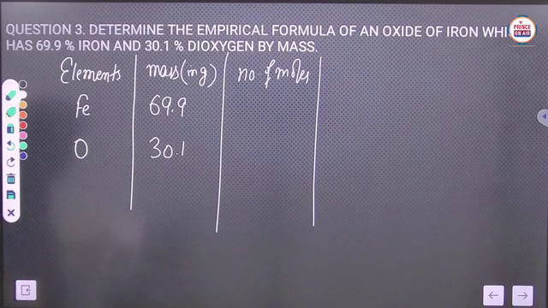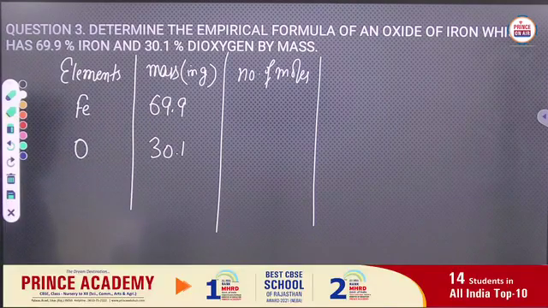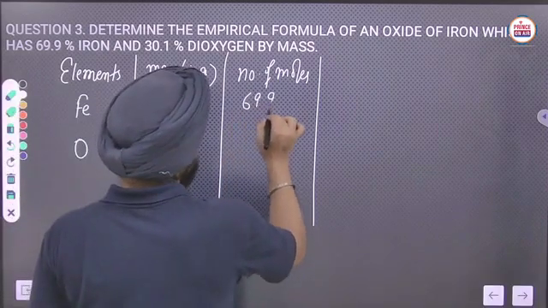So if you put the given mass of iron, 69.9 grams, and the molar mass, can you tell me the molar mass or atomic mass of iron? That is 55.85.